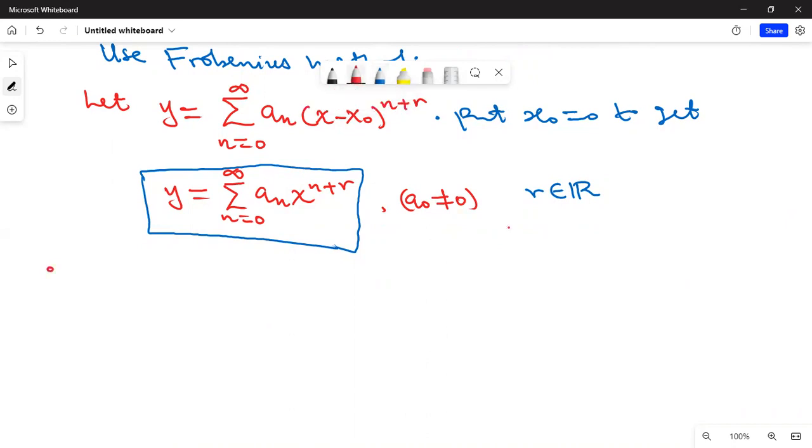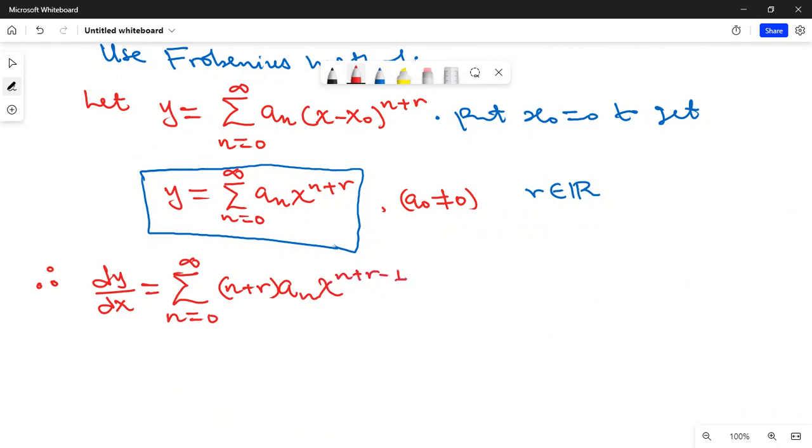So therefore dy/dx, what is it? It is the same as the sum from n equals 0 to infinity of (n plus r), remember, I'm using the power rule, (n plus r) a sub n x raised to n plus r minus 1.